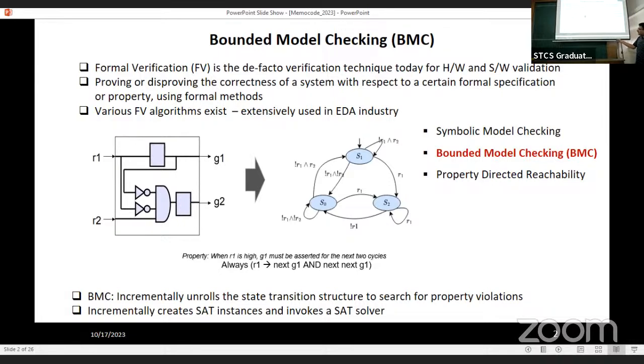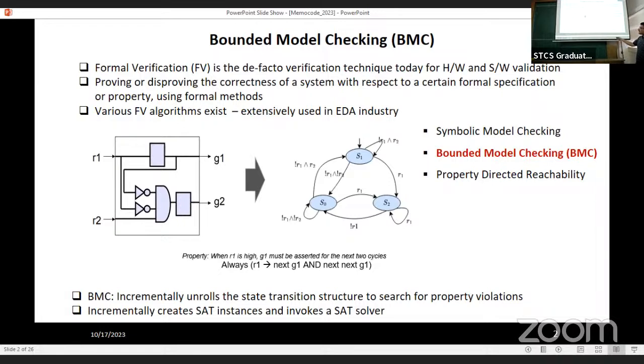The specification that the user is interested to understand is that no matter what the value of R1, R2 over time, whenever the signal R1 is high, the grant G1 must be asserted for the next 2 cycles. A little semi-formally, this English statement would mean this property: always, when R1 is high, that implies that in the next cycle you have G1, and in the cycle after that, you have G1 as well.